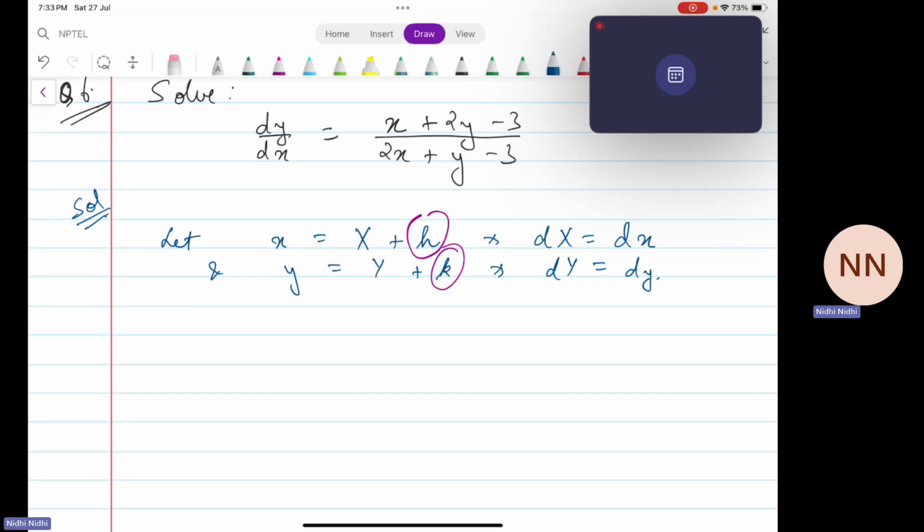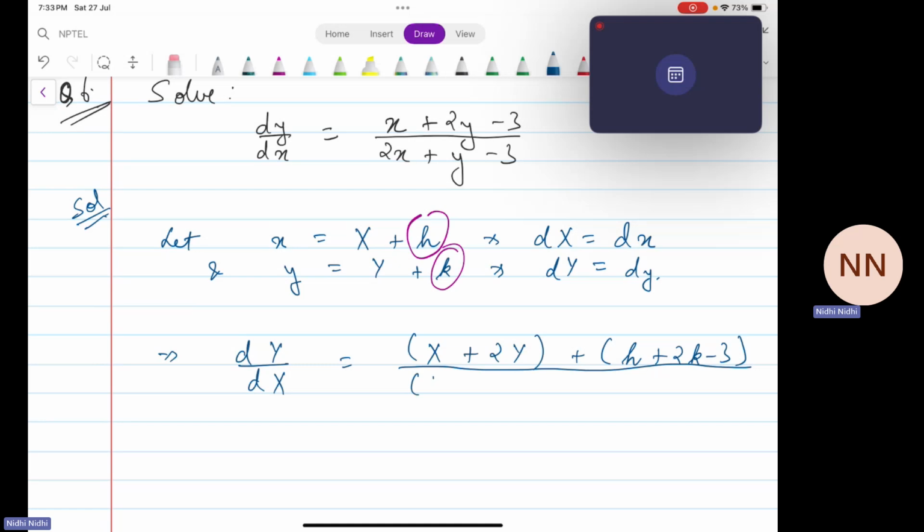Now replacing the value of x and y, we get dY by dX is equal to (X plus 2Y plus some constant) upon (2X plus Y plus some constant). That constant would be h plus 2k minus 3 in the numerator, and 2h plus k minus 3 in the denominator.